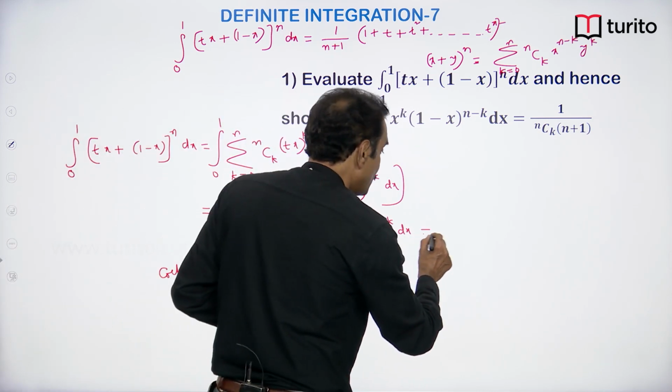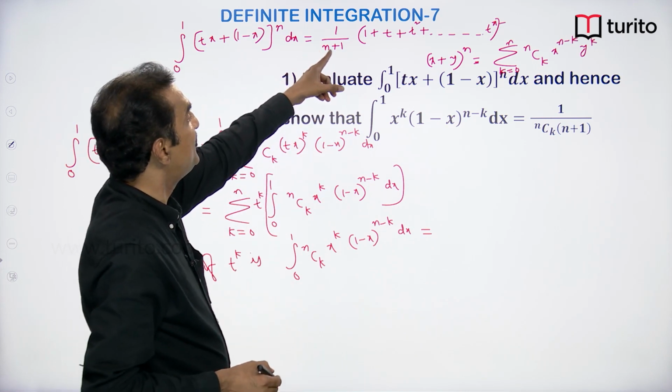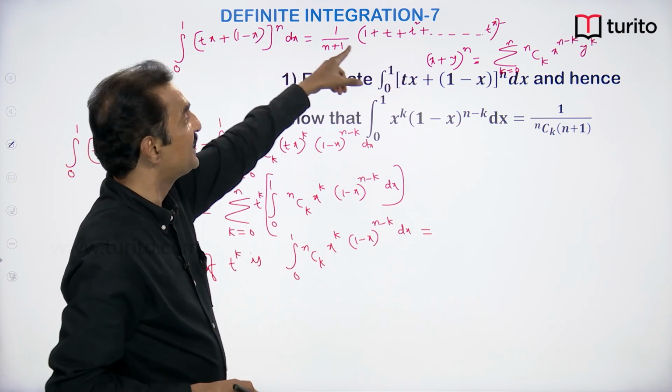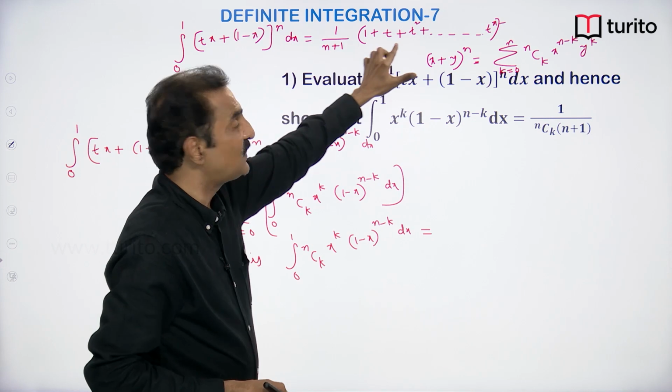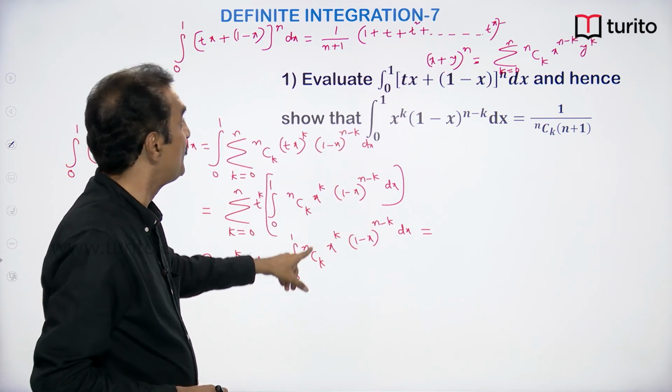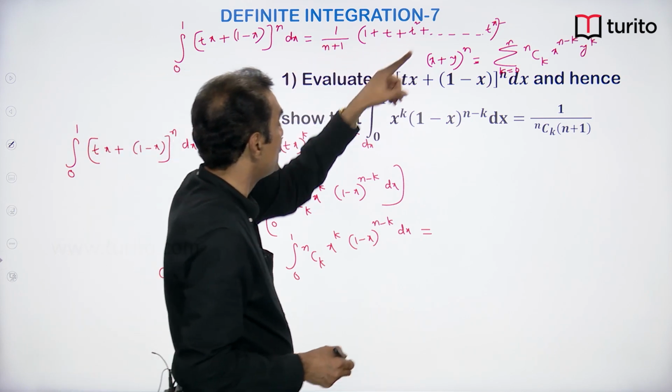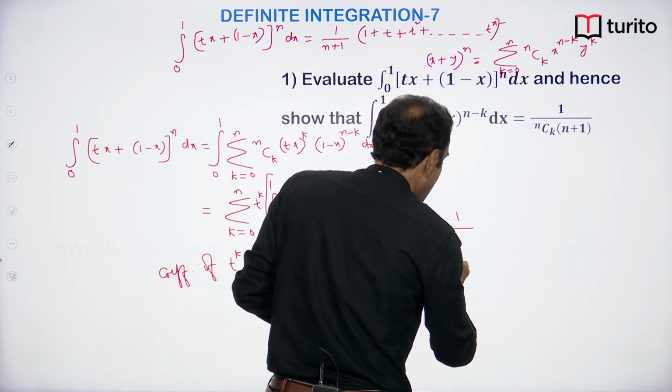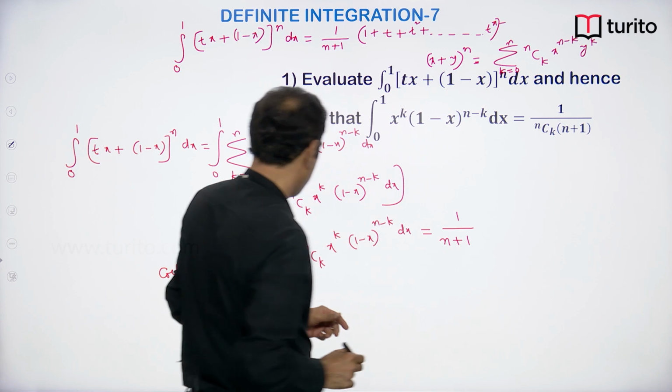What is the coefficient of t power k in this integral? 1 by n plus 1 is the coefficient of every term there. So the coefficient of t power k in this, according to this, will be 1 by n plus 1.